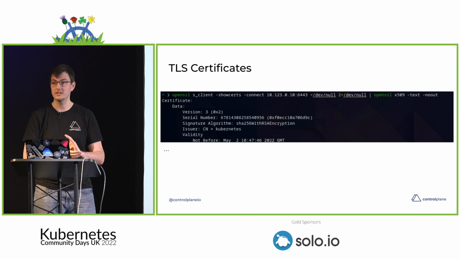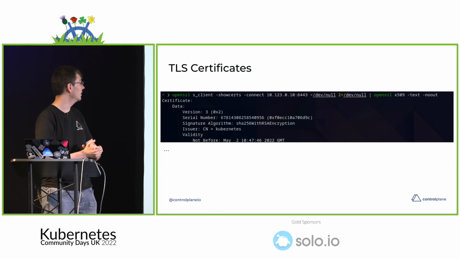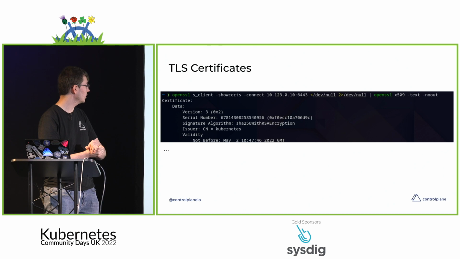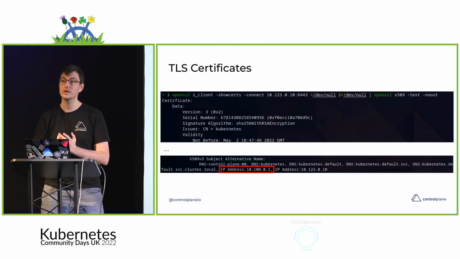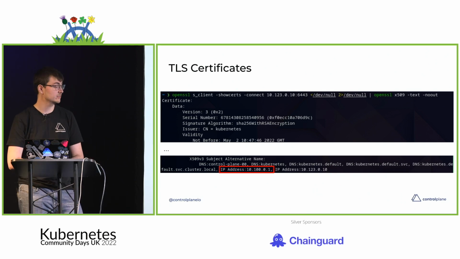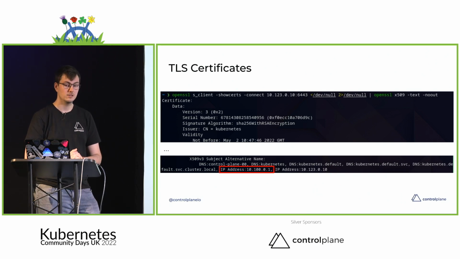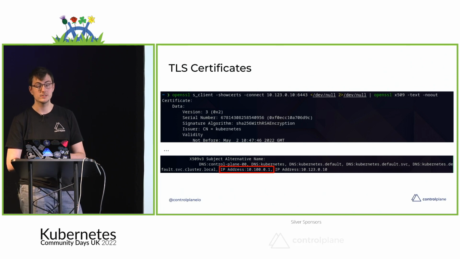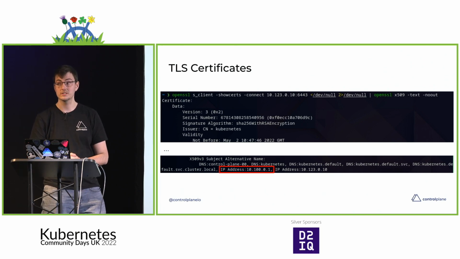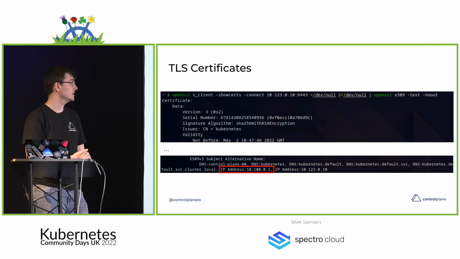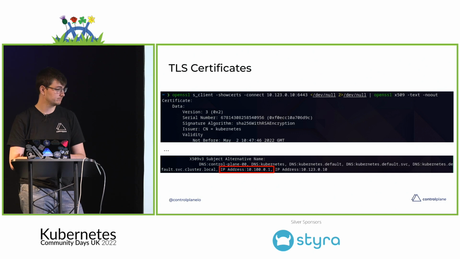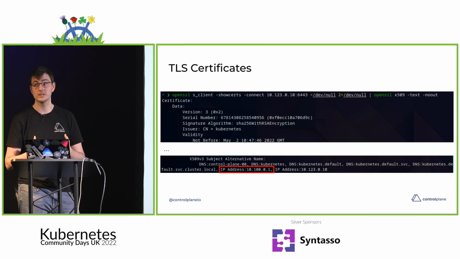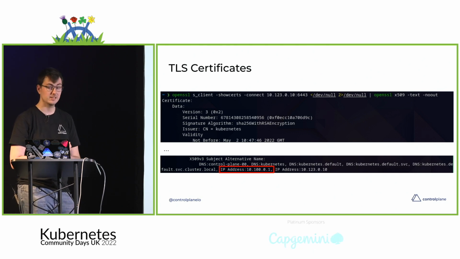We'd expect to see things like issuer, common name, and some other stuff which is not so interesting, but one of the more interesting bits here is the subject alternative name field. The way that the API server is deployed and the TLS is constructed is usually that the API server listens on multiple IP addresses within the cluster and can be accessed via many or a few different service names.